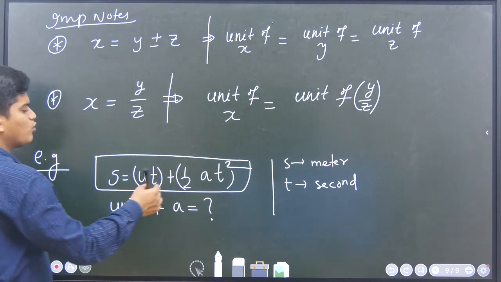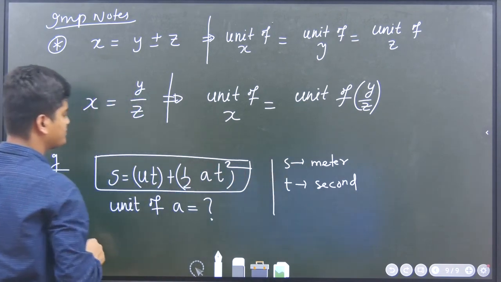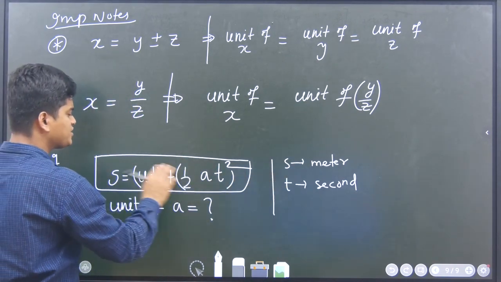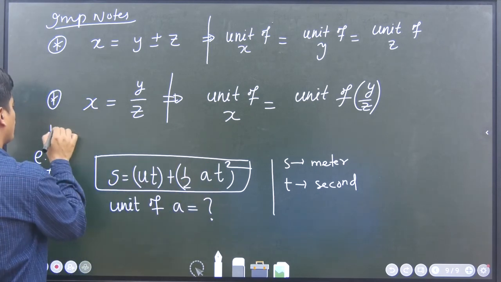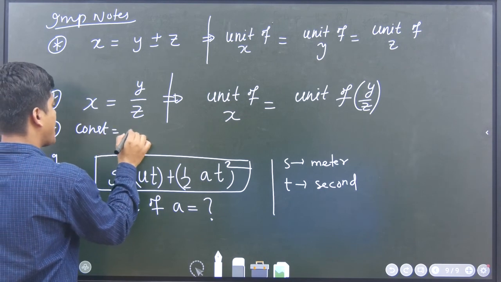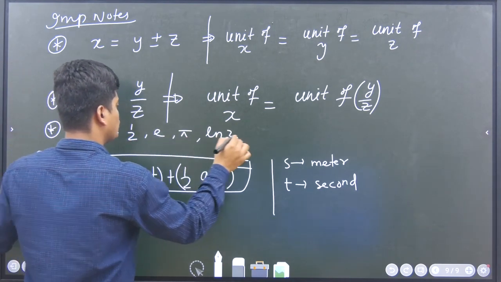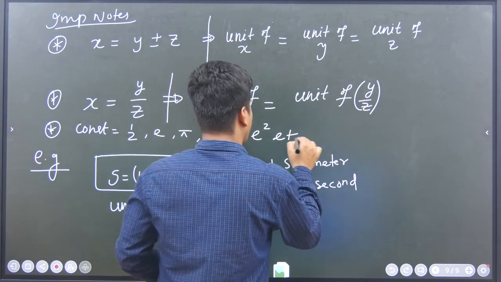And remember here one half is coming, one a is there, one t square is there, and t is already mentioned in second. Remember, when a constant is coming in the equation, you need not worry, because any constant, like half, e, pi, ln2, e to the power 2, they will have what?